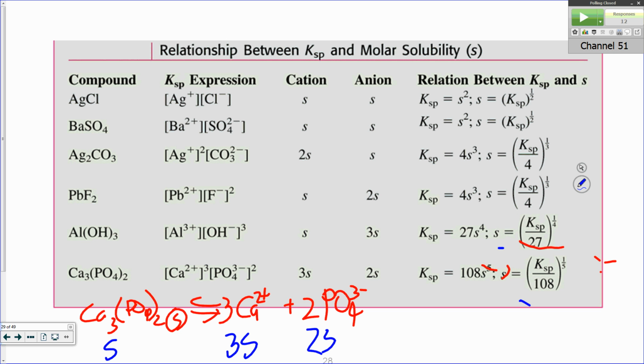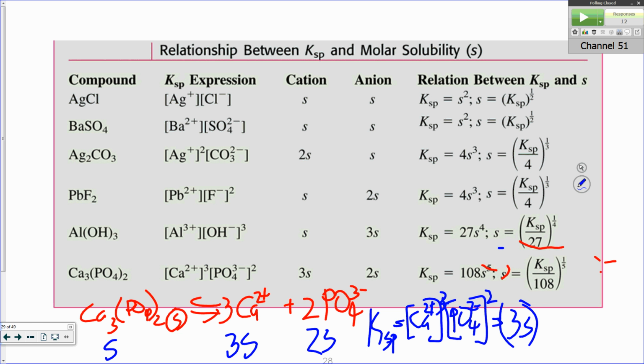So if I now think about writing the equilibrium constant expression, the KSP would be the concentration of products, so the concentration of the calcium cubed times the concentration of the phosphate ion squared. So I plug that number in, and it would be 3S cubed times 2S squared.